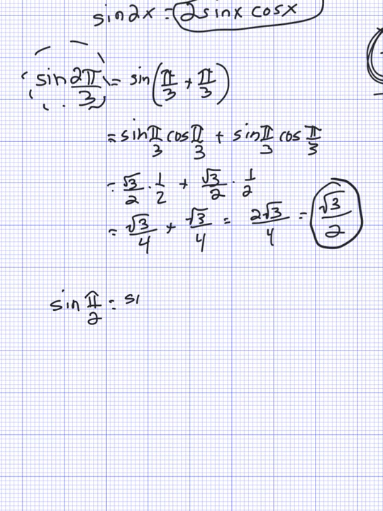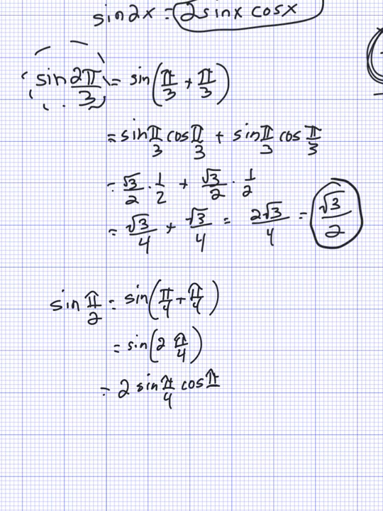This is just going to be the sine of pi by 4 plus pi by 4, or we can say the sine of 2 times pi by 4. So this is a double angle formula, so we could just say that this is 2 sine of pi by 4 cos of pi by 4.